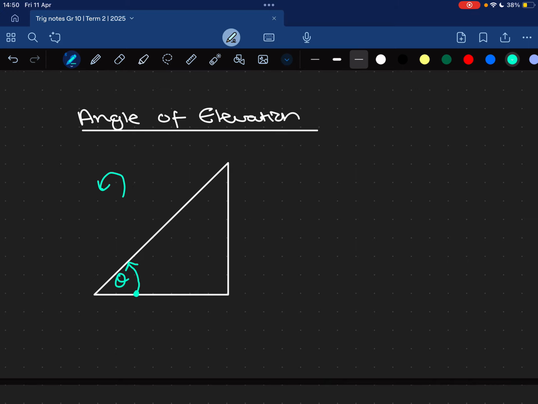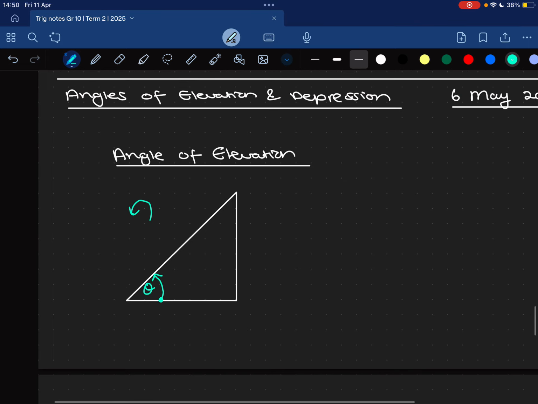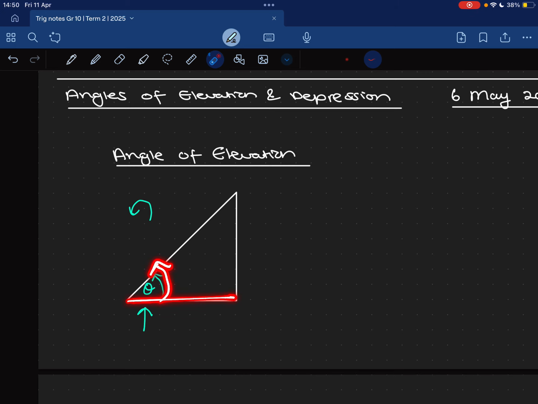Okay, they're both going anti-clockwise. So angle of elevation is just what we call an angle that goes from the base upwards. That's what's called an elevation.